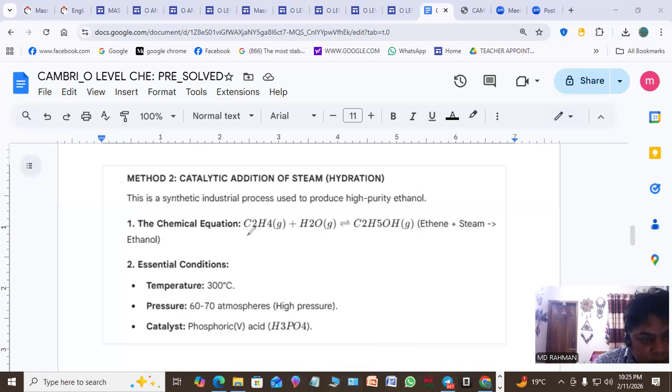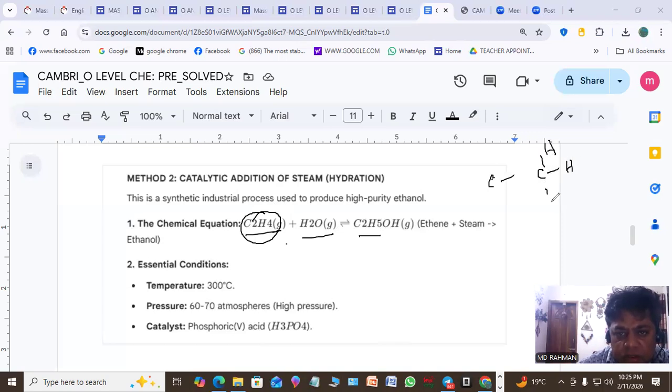This is going to produce ethanol. What is the name of this molecule? This is ethene. Then add hydrogen.